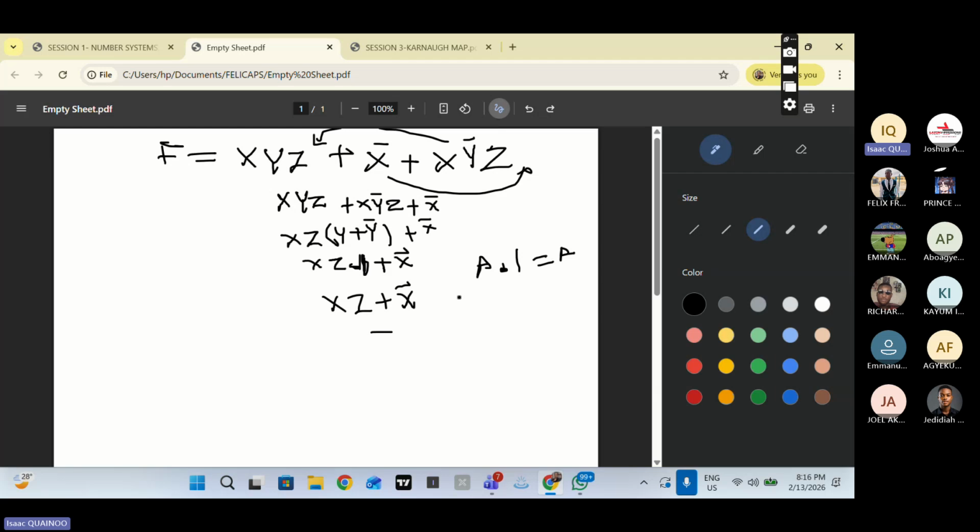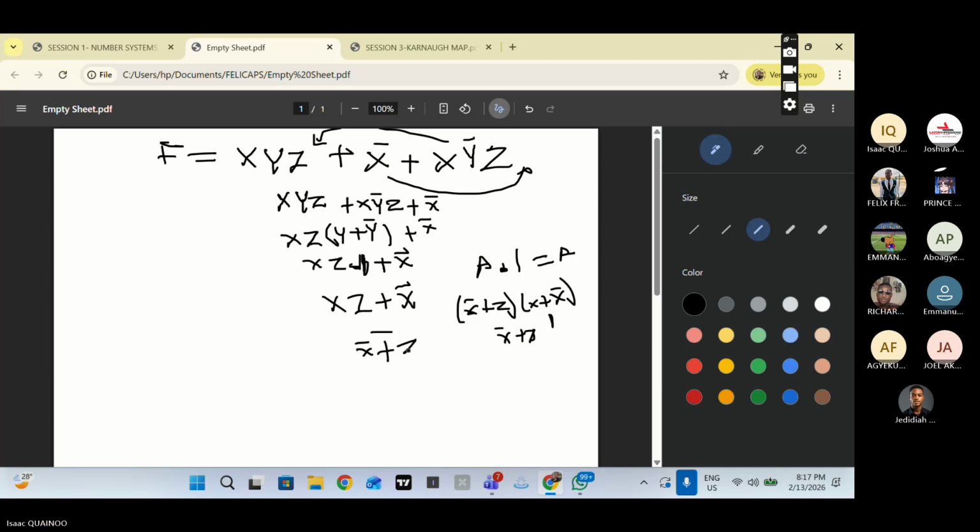So here, if you are to expand this, you are going to get x bar plus z, right? And then x plus x bar, right? And you know x plus x bar will give us 1. So that means that if we apply the absorption law correctly, we will have x bar plus z as the simplified form for this, okay?